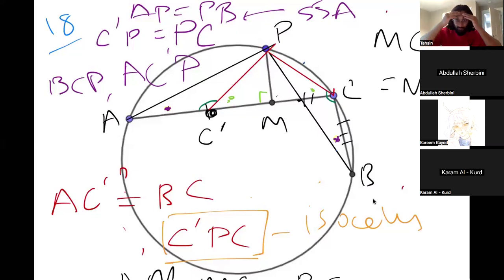So actually, it's almost the same argument. So what's the idea? BCP being obtuse is actually the same as PAB being acute, because those are complementary.